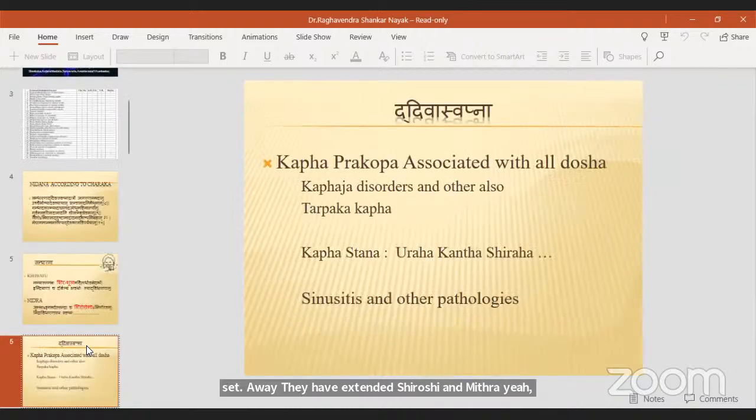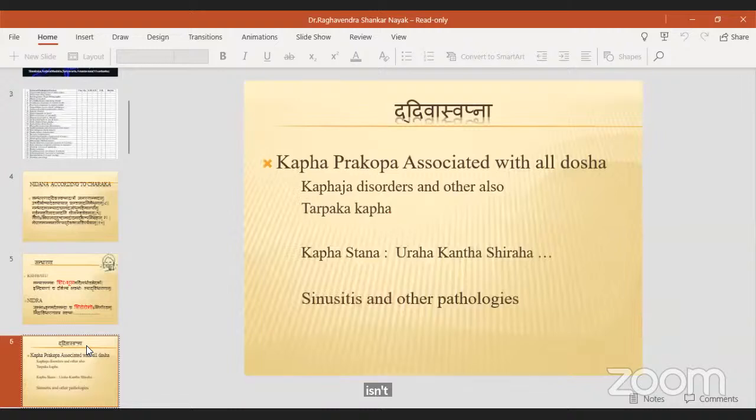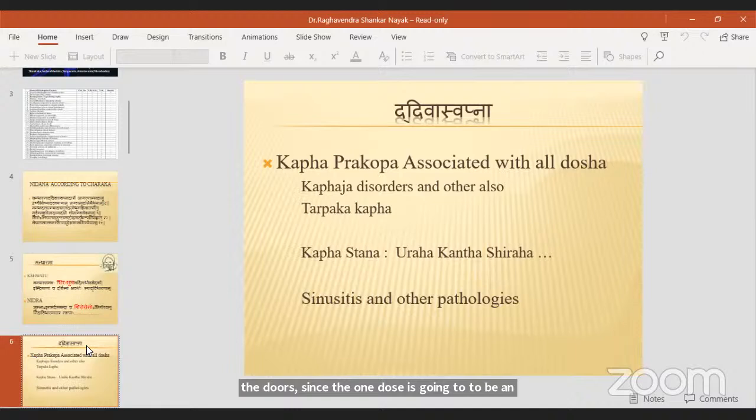That is the Divaswapna. Due to Divaswapna, Kapha Prakopa takes place, associated with all the doshas. Hence, one dosha is in Prakopa, and the remaining two doshas will also be in Prakopa Avastha. Kaphaja disorders, mainly Tarpaka Kapha, reside in Shira, hence it is in Prakopa Avastha.